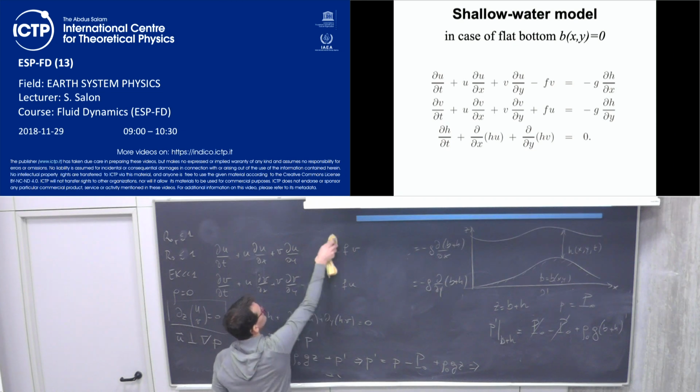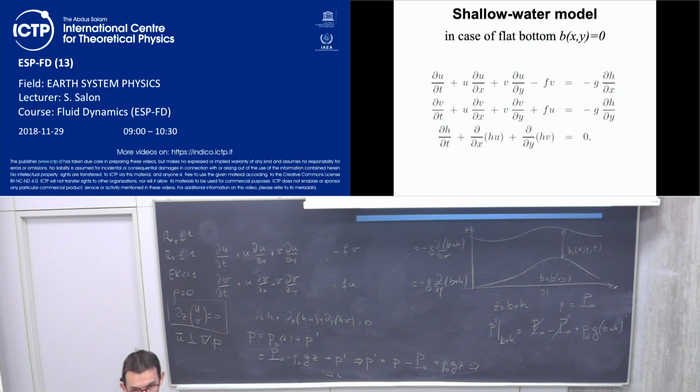The 3 unknowns are U, V, and H, because we have one equation for U, one equation for V, one equation for H. The pressure has been, in some sense, exchanged with the quantity H, the fluid depth.